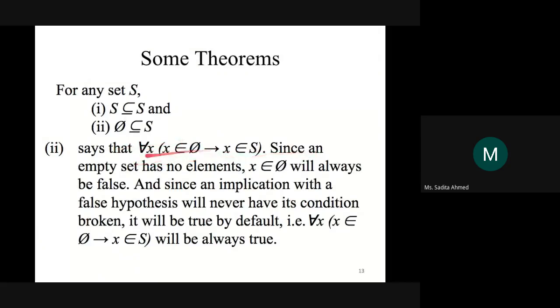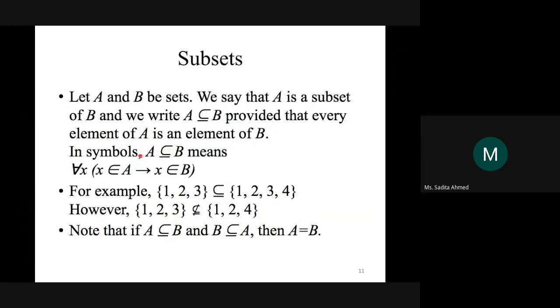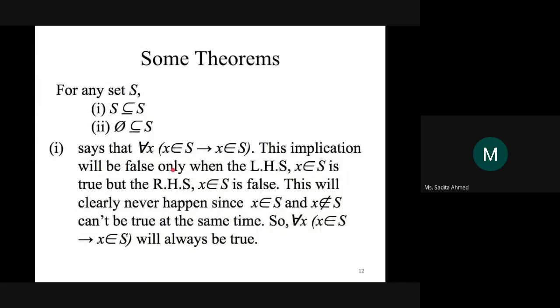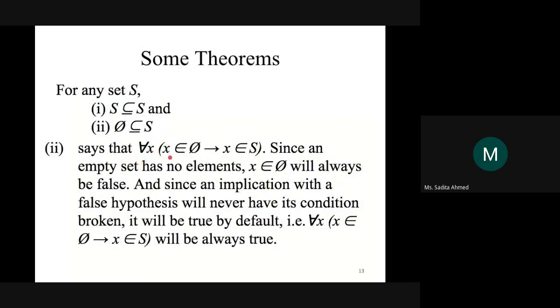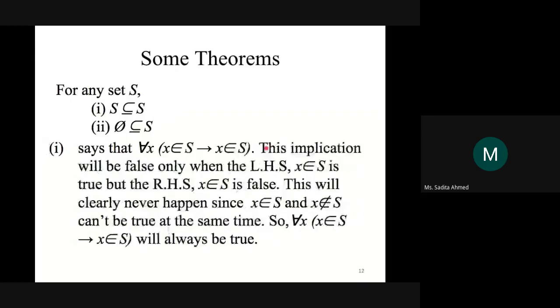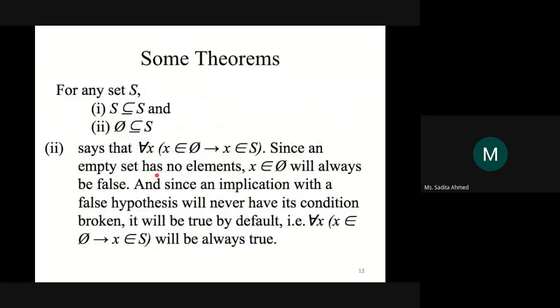And this is the implication that defines that the empty set is a subset of S. The definition of a subset: A is a subset of B means for all x, if x belongs to A, then x belongs to B. Empty set is a subset of S means for all x, if x belongs to the empty set, then x belongs to S. Just by definition of a subset. So in order to prove this, we have to prove that this is true. And we just did that because the hypothesis will always be false. As simple as that. Make sense?